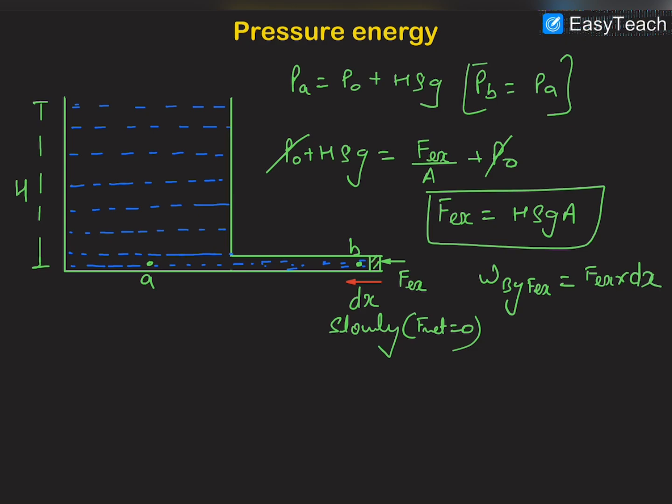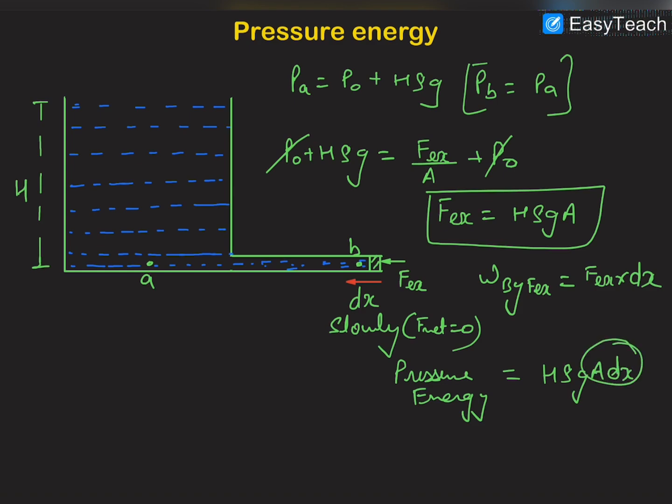See, you can see that if I push this liquid inside the container, then this level of liquid will go up, and hence we can say that the potential energy of the liquid filled in the container will slightly increase. So the change in potential energy will be the pressure energy, and this pressure energy is equal to F external, which is h rho g A, into dx.